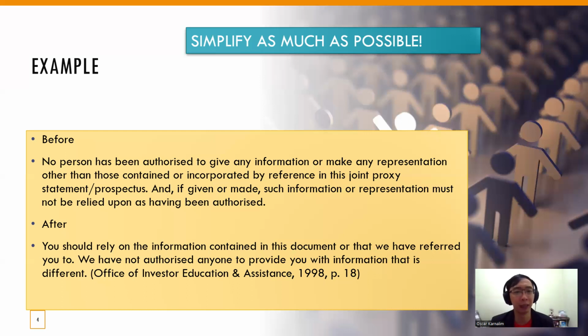We can simplify the sentence: you should rely on the information contained in this document or that we have referred you to. We have not authorized anyone to provide you with information that is different. As we can see in here, the second sentence is much clearer because we use direct words and we just put words that we need to use.